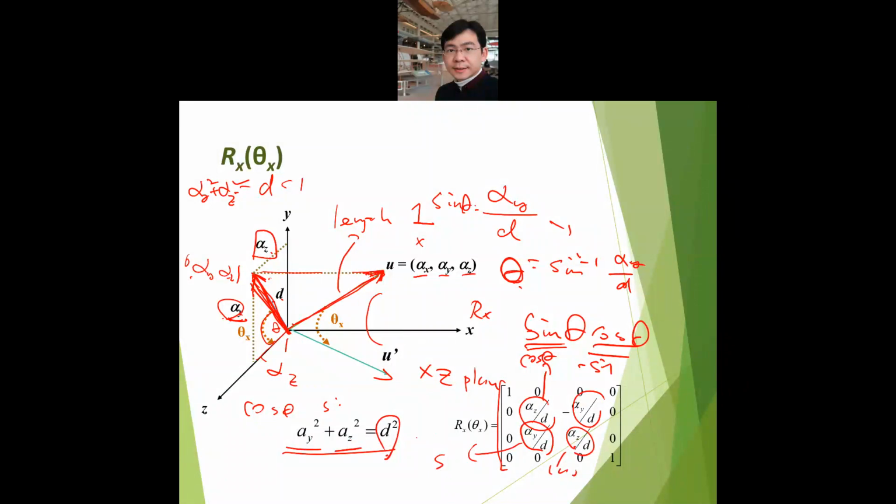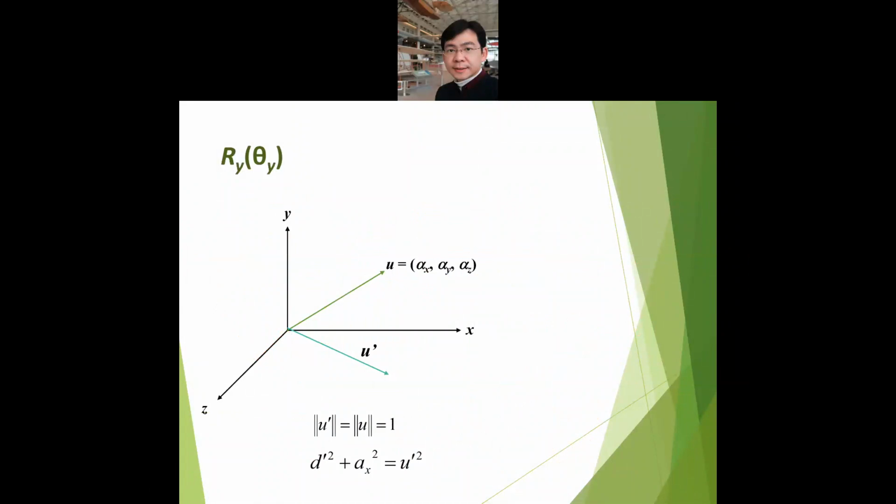Then once we have d, we divide alpha by d, and we get the corresponding sine and cosine. So we can get this rotation Rx, the first step.